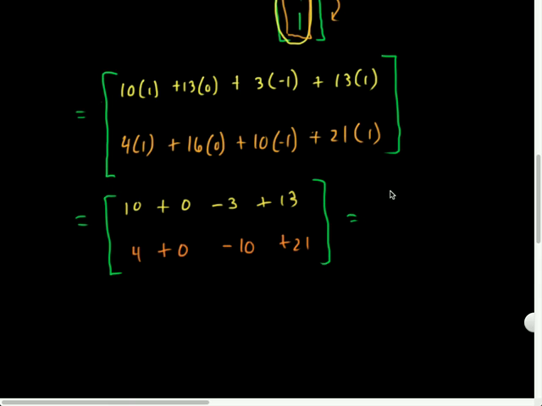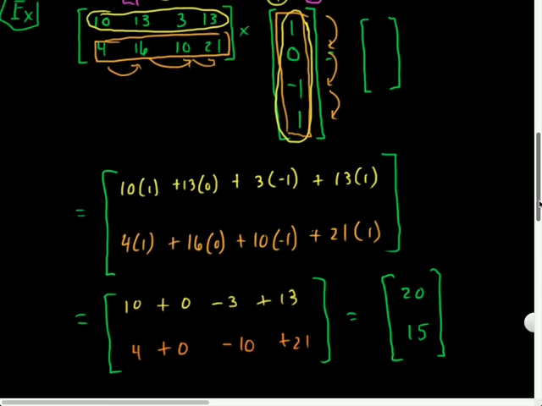So our answer is going to be 10 plus 0 is 10, minus 3 is 7, plus 13 is 20. And then 4 plus 0 is 4, minus 10 is negative 6, plus 21 is 15. So there's my random weird birthday answer matrix, I guess. So that's the idea for matrix multiplication.